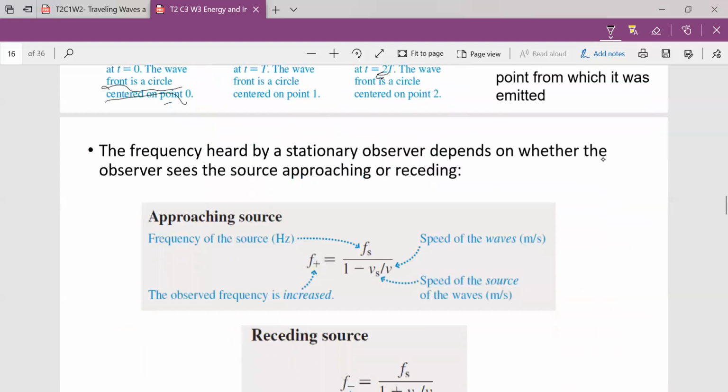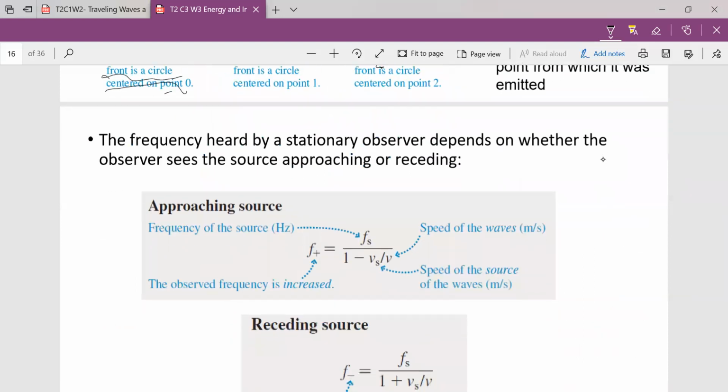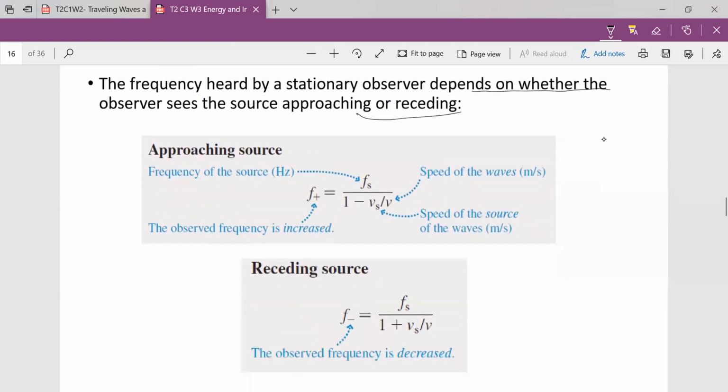So the frequency heard by a stationary observer depends on whether the observer sees the source approaching or receding. If the source is approaching the observer, the frequency is given as F plus equals the frequency of the source over 1 minus the speed of the source over the speed of the wave.